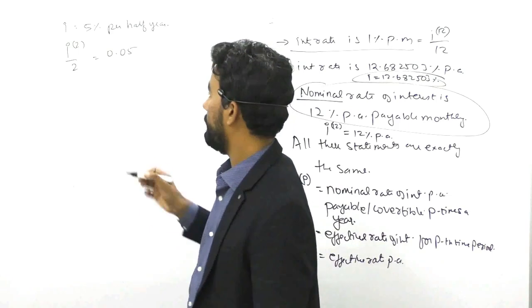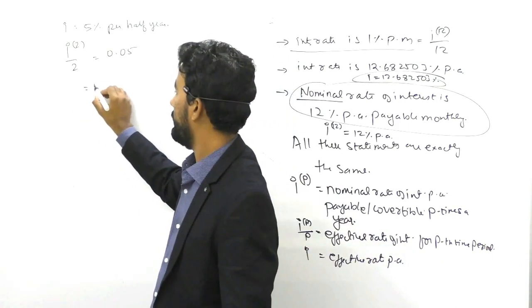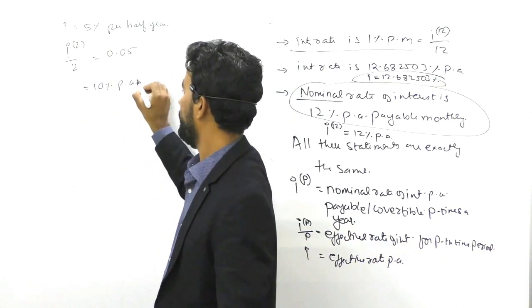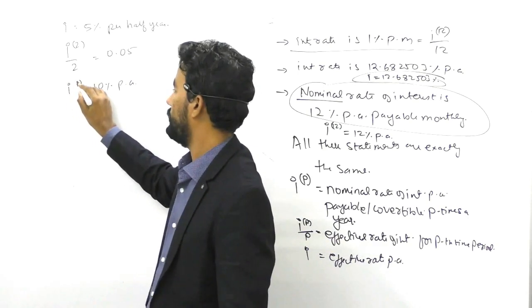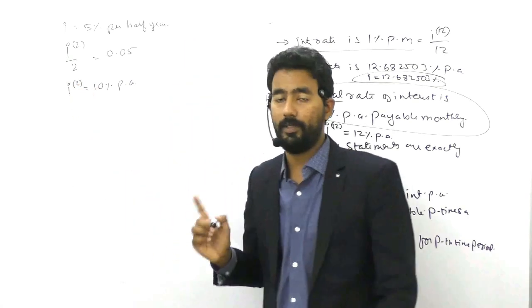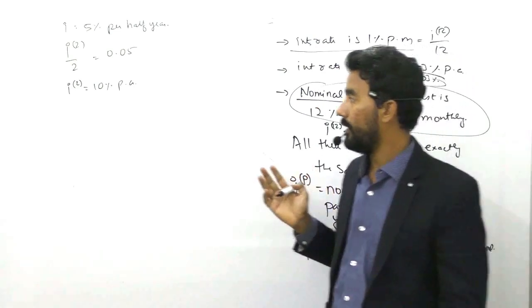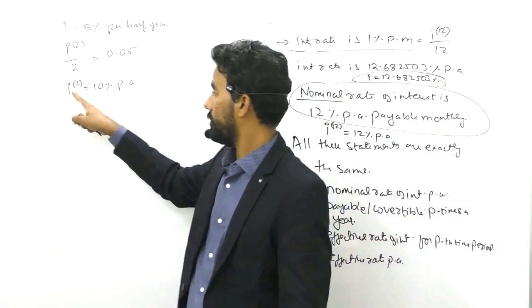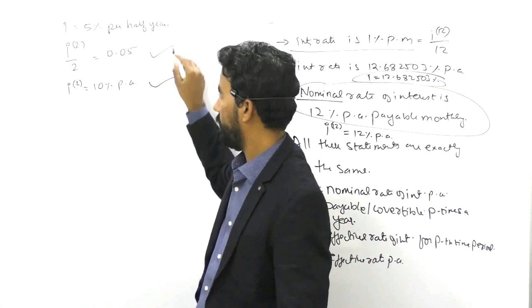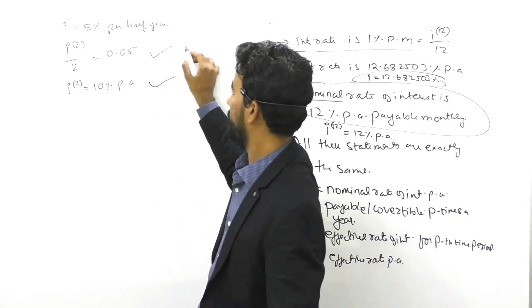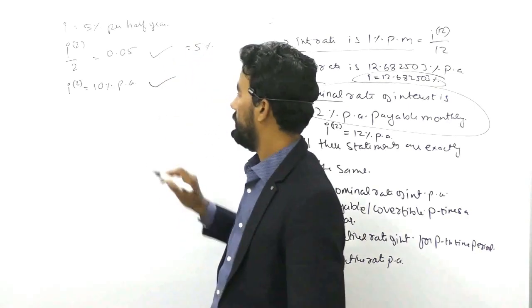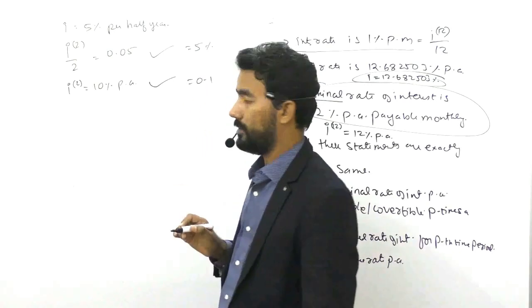And 5% every half year means that it is 10% per annum nominal, i2. The actual rate is not 10%, just the way of presenting it is 10% per annum, payable half yearly. So payable half yearly means frequency is 2. So I can write i2 is 10% and i2 by 2 is 0.05, which is basically 5%, or you can write this as 0.1, one and the same thing.